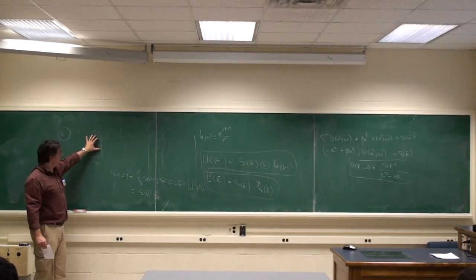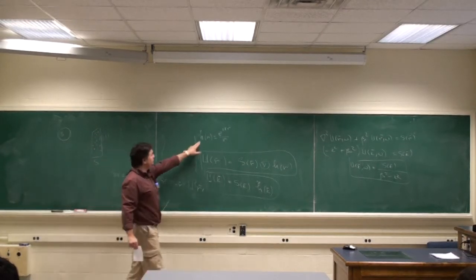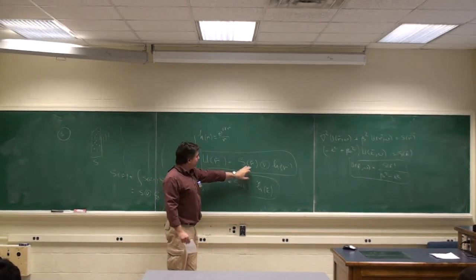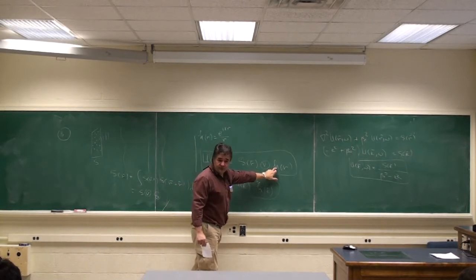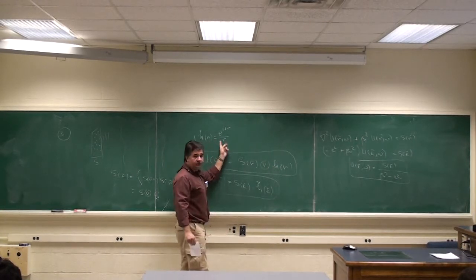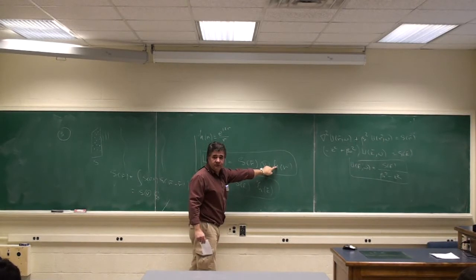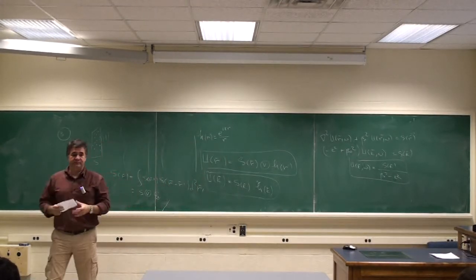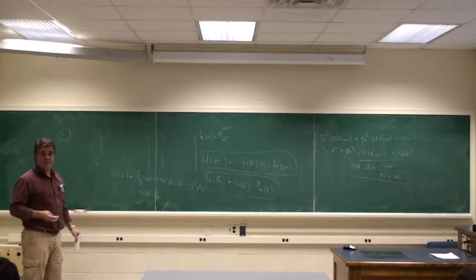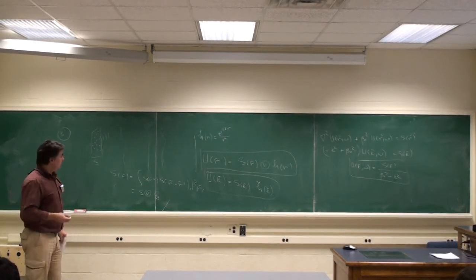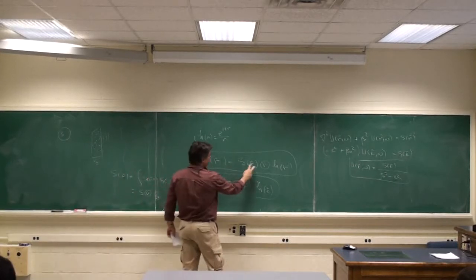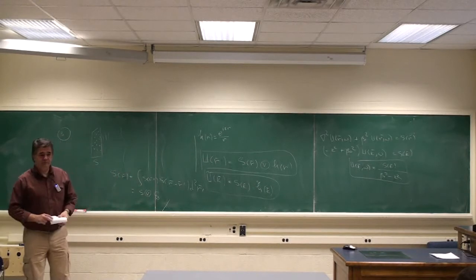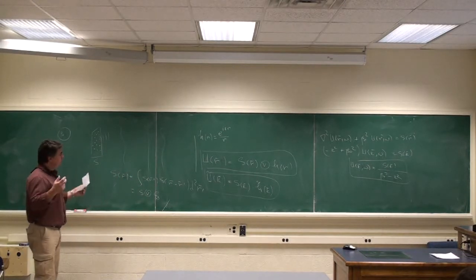Break the source into point sources, add all the point sources, I know how each works. My system is linear. It's going to be a convolution between, you can think of this, the impulse response of the vacuum, right? Spherical wave is the impulse response of the vacuum, convolved with the source, whatever it is. Right? So if you spell this out as an integral, that is called a Fresnel-Huygens integral.